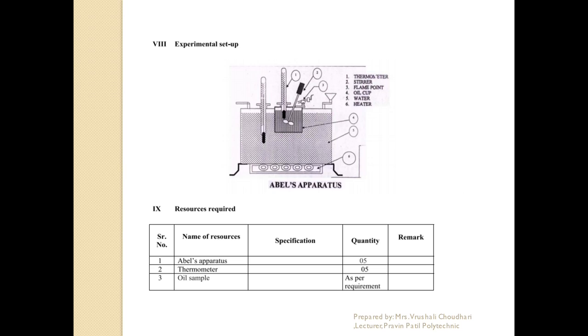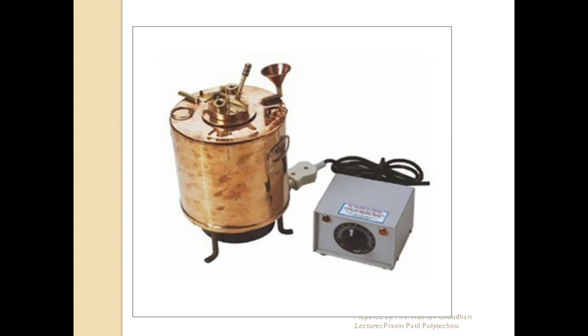So we use the heater which maintains and increases the temperature, an ignition source to check whether the oil is going to catch fire or not, an oil cup, and a thermometer. Resources are the Abel's apparatus, thermometer, and oil sample.